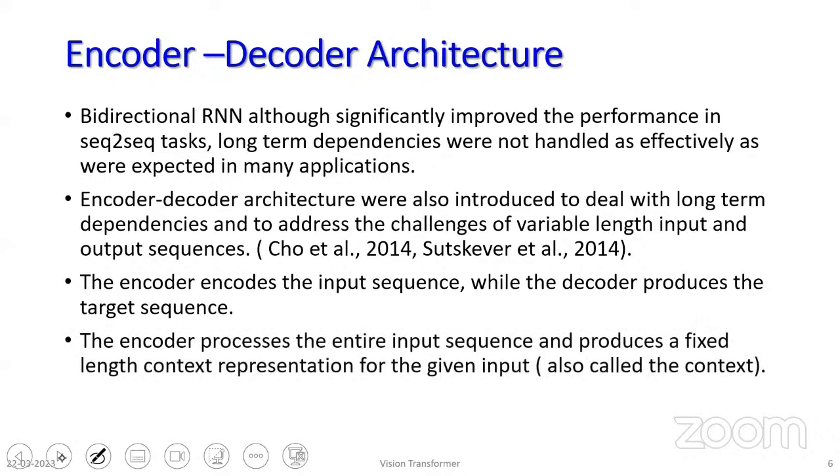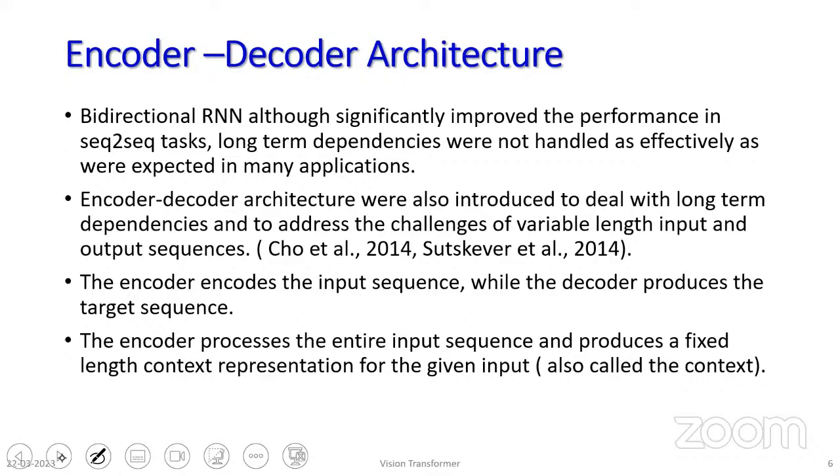So the encoder processes the entire input sequence and produces a fixed length representation. Remember, we are encoding the entire sentence into a fixed length representation, which is normally called context.